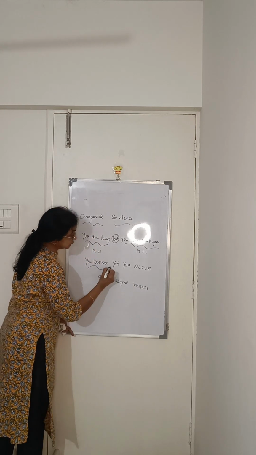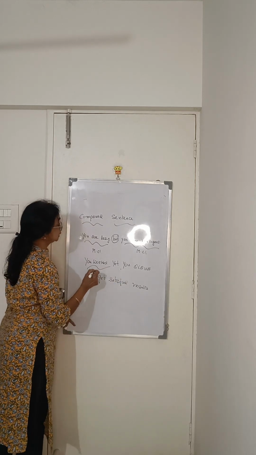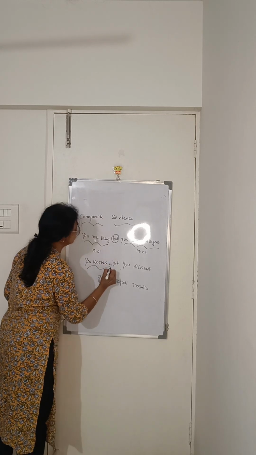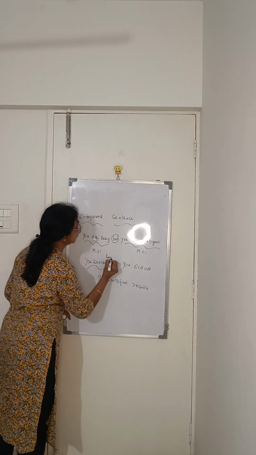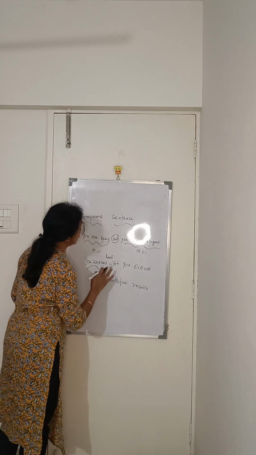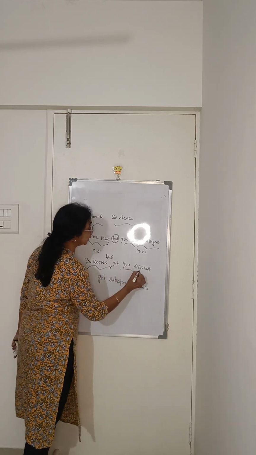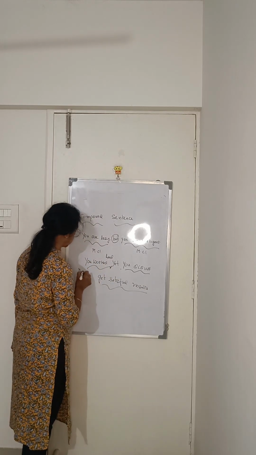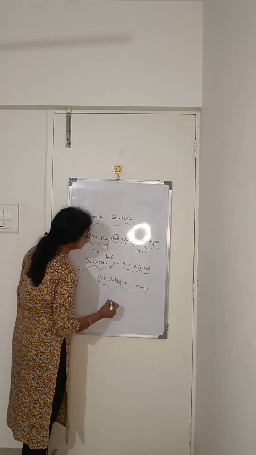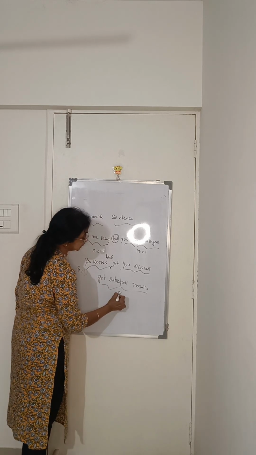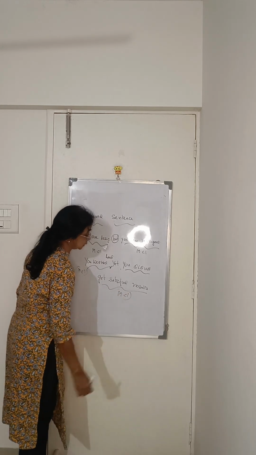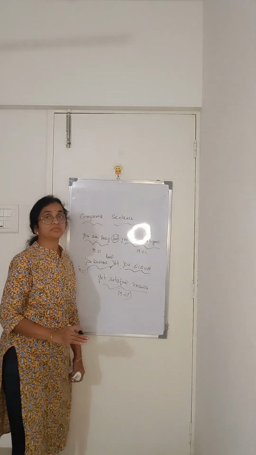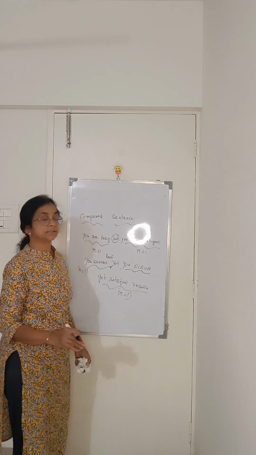You worked hard is the main clause, and you did not get satisfied results is also another main clause. So a compound sentence has any number of main clauses but no subordinate clauses.